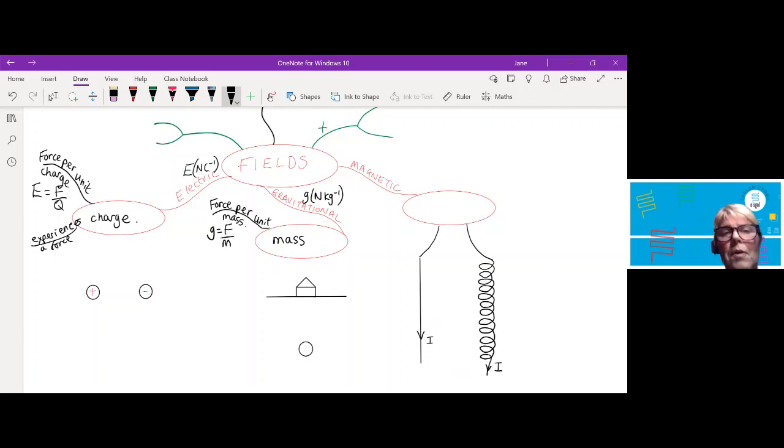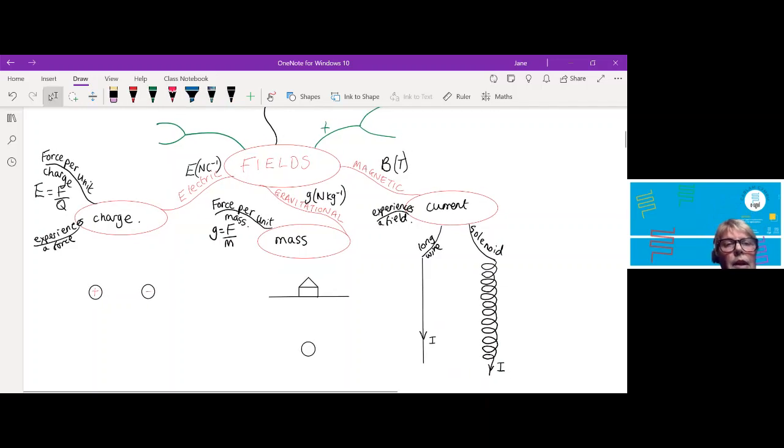Okay, and we might as well look at magnetic while we're here. So the magnetic field is given by B, measured in teslas, and it acts on a current when it's put into the magnetic field. So it's the current that experiences the force in a magnetic field. Okay, and we'll be looking at a long wire and a solenoid. I'll come back to that.